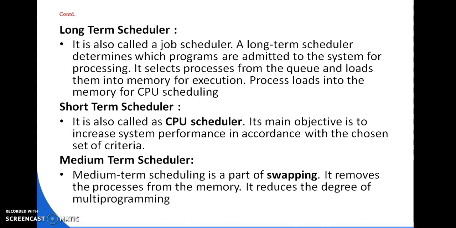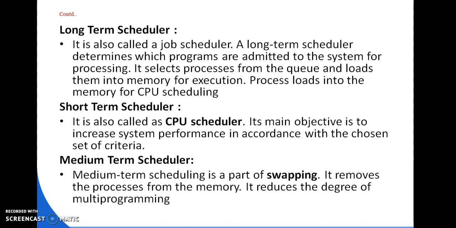Here the primary objective of the job scheduler is to provide a balanced mix of jobs, such as input-output bound and processor bound. It also controls the degree of multiprogramming. What is the degree of multiprogramming?